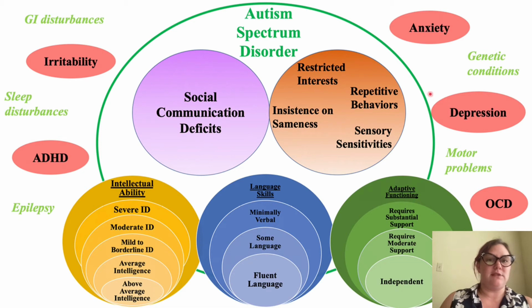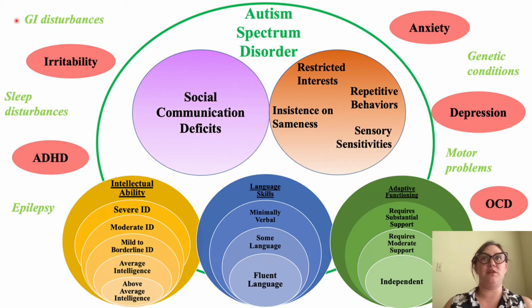So you'll see on the outside of the circle, these are all comorbid conditions that can show up with autism. In the red ovals, you'll see psychological related conditions, and then in the green text, those are medical conditions. So the medical conditions that can show up with autism are GI disturbances.